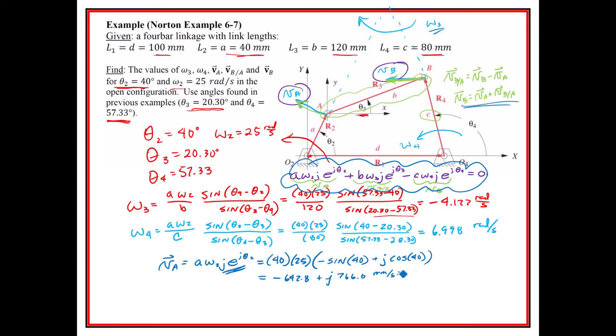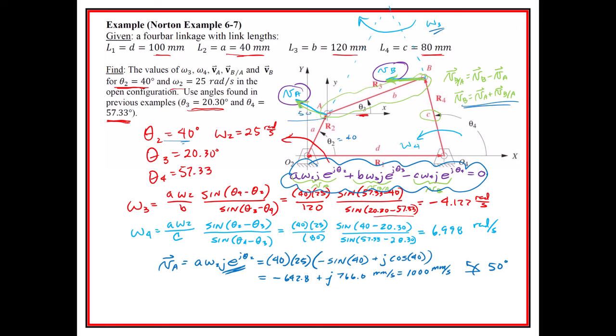If we work out the square root of the sum of the squares here, we get 1,000 millimeters per second, which makes sense because it was just 40 times 25, and we could have got that. From the angle, we take the inverse tangent, we get 50, which makes sense because this was equal to 40, so it makes sense that this right here is going to be equal to 50.